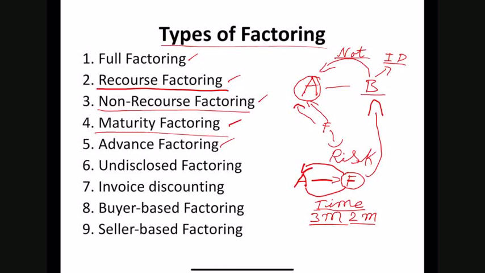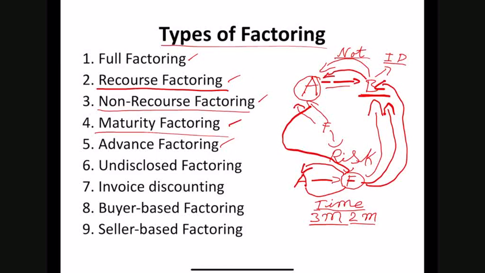Coming to undisclosed factoring. Under this undisclosed factoring, my customer B doesn't know what's going on. He doesn't know I have entered into a contract of factoring with the factor, and the factor is sending all the messages to B. B thinks that I am sending messages to B, but my factor is sending all messages to B. After the maturity period, after the expiry of the contract invoice date, B gives money to me.